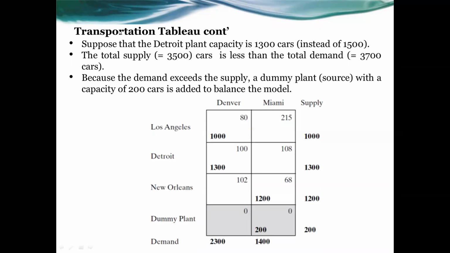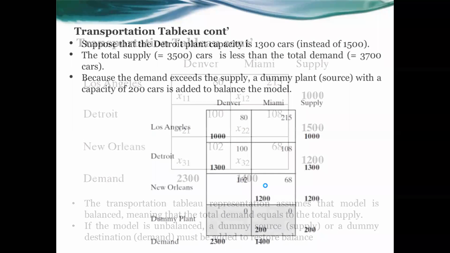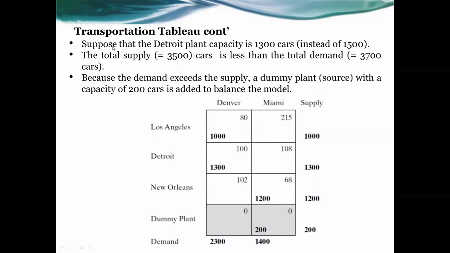Now let's see this example. We make some modification and discuss based on the unbalanced situation. Then you can get knowledge about the dummy source and dummy demand. Suppose that the capacity of one marketplace is now decreasing to 1,300 cars instead of 1,500.